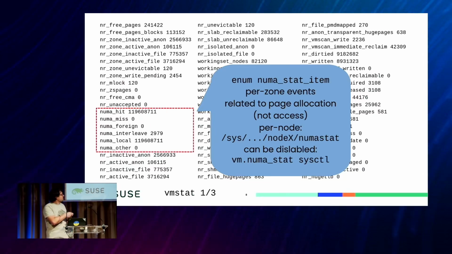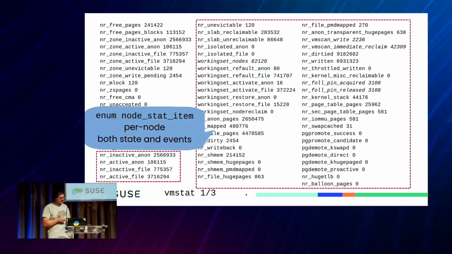They have a per node file that can give you per node stats and can also be disabled, because at some point we realized that collecting them is unnecessary overhead for some use cases. Then we have many counters that are per node, and there are both state and events.